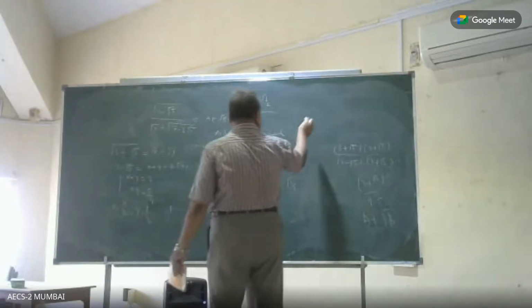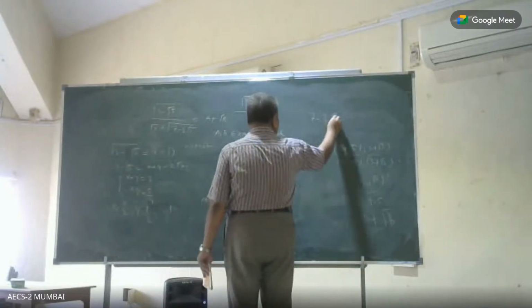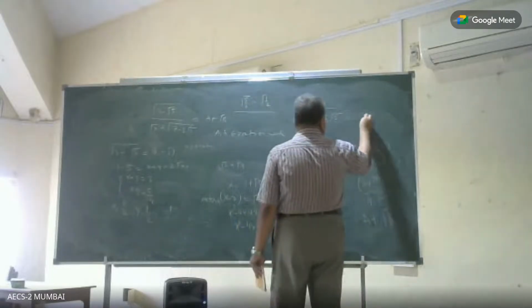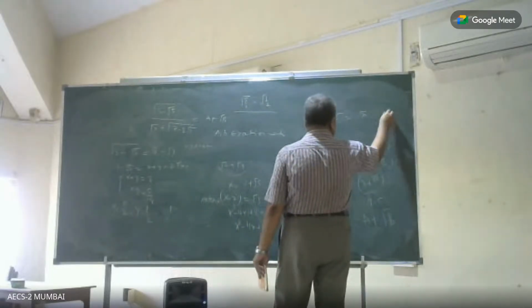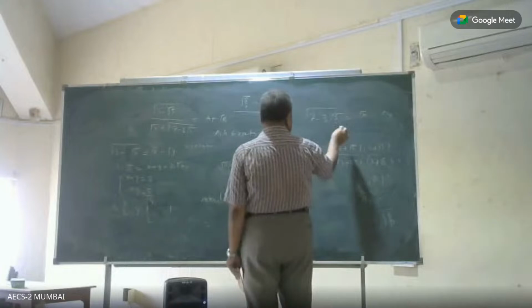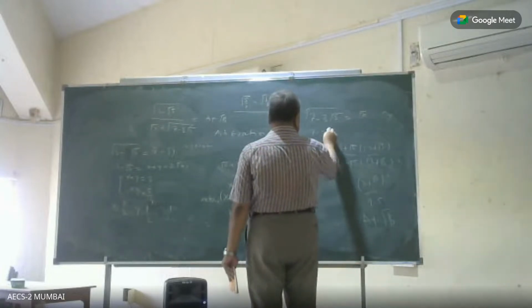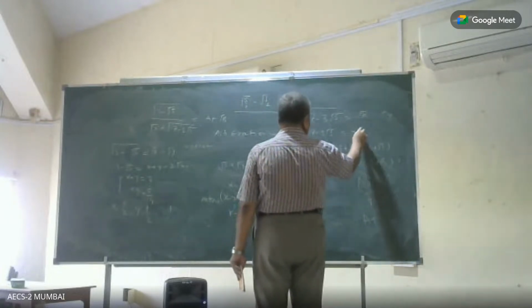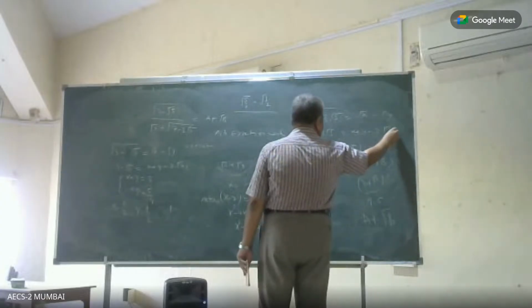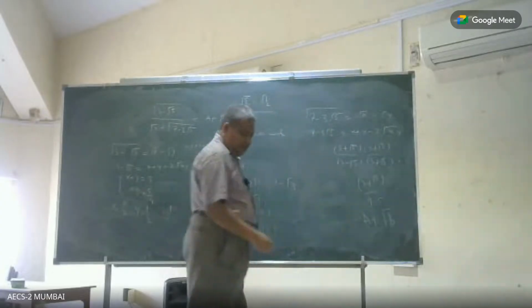Now find out the square root of 7 minus 3 root 5. So this is again root x minus root y. Square both sides. Correct?